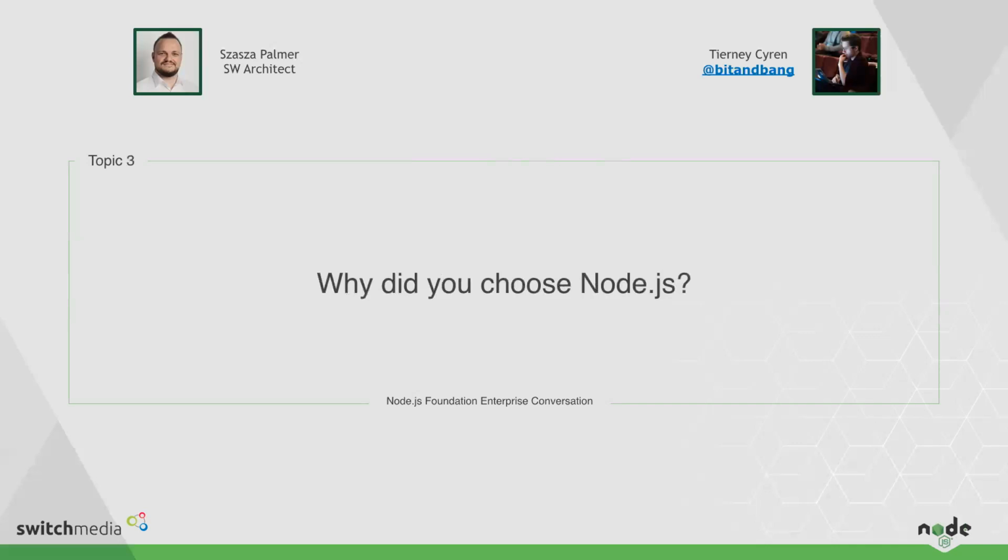And there were multiple API gateway implementations which we trialed, and Express Gateway was the one that fulfilled our needs in the most graceful way. Gotcha. Awesome. And so on that, I'm curious how using Node has actually been beneficial to Switch Media.